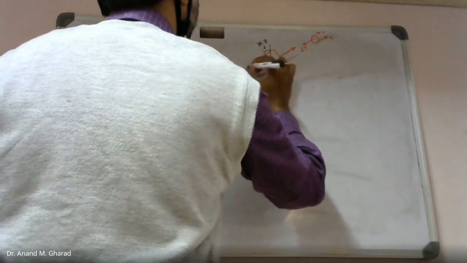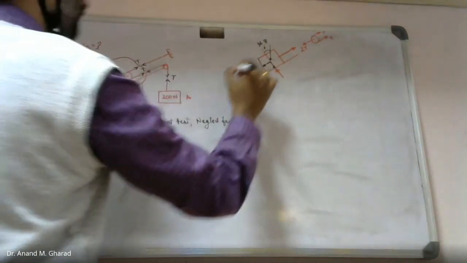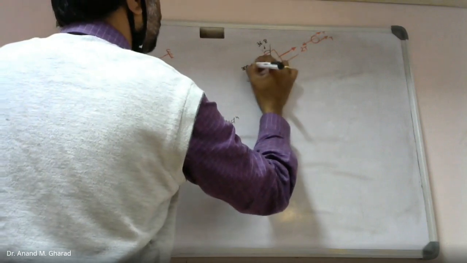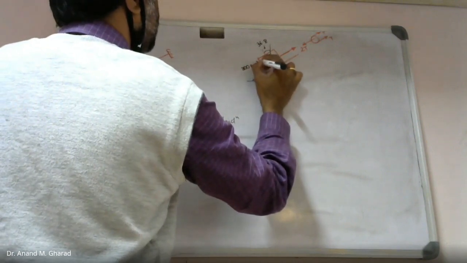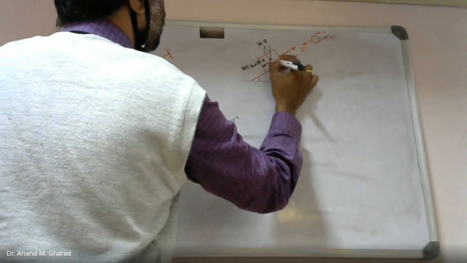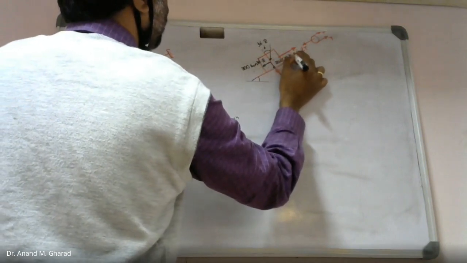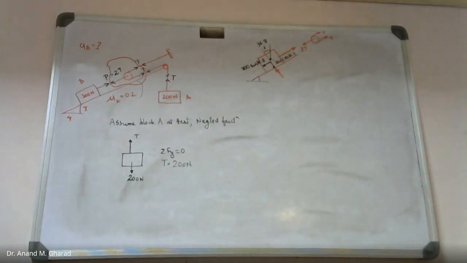This will be 300 sine 36.8 and this will be 300 cos 36.8. Am I right? Okay?